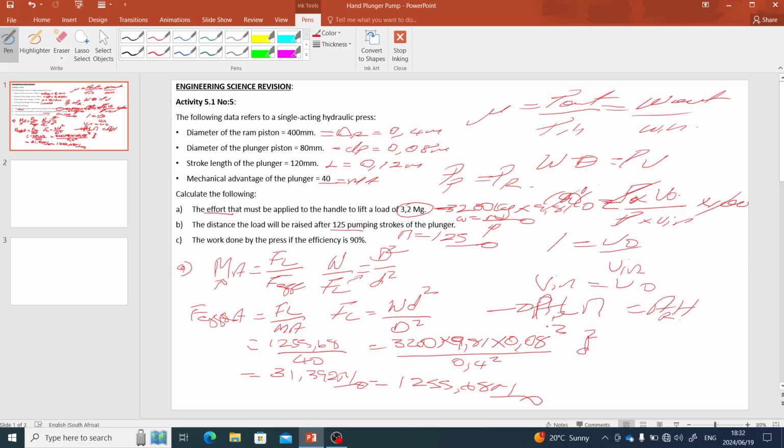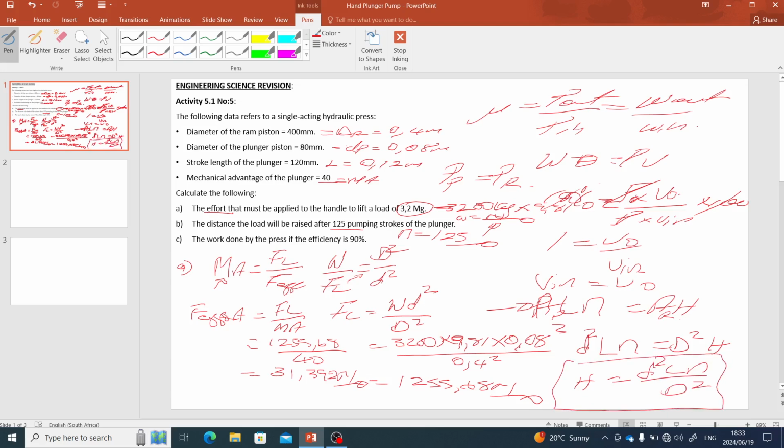Small d squared, by the way, the pi and the pi will cancel out, 4 and 4 will cancel out. Hence, this formula is applicable as well: d squared l n equals big D squared multiplied by h. Then we make h the subject of the formula. It will be small d squared l n over big D squared.